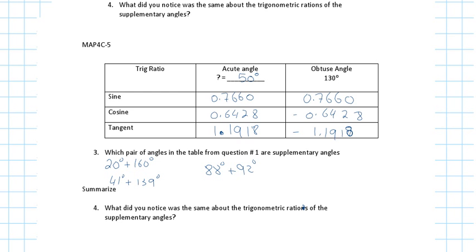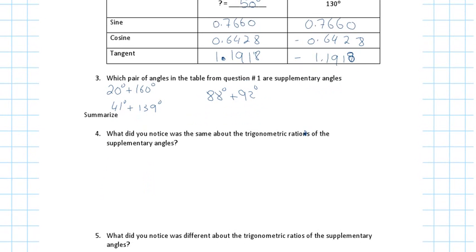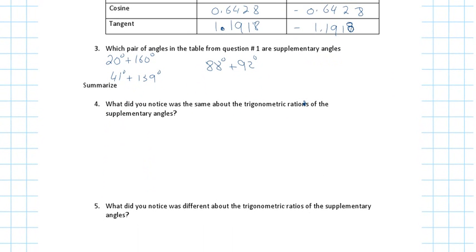What did you notice was the same about the trigonometric ratio of the supplementary angles? The ratio is positive for all the acute angles, all ratios. What else did you notice about the supplementary angles?